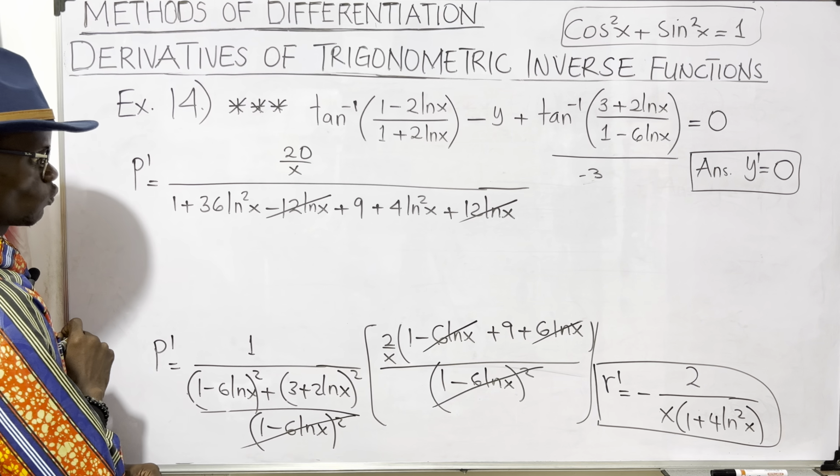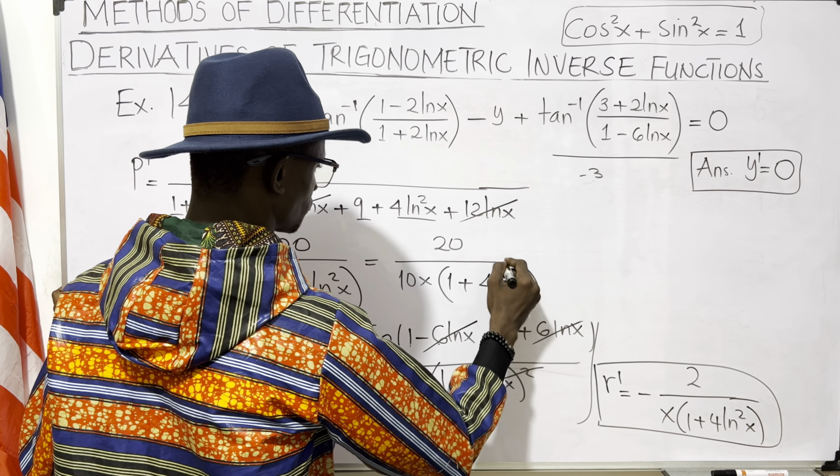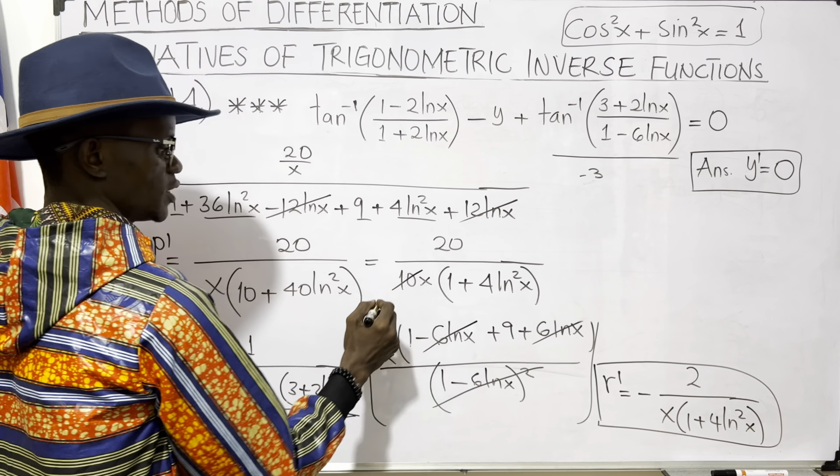So it's 20 all over 10 comes outside, so this will just be 1. 10 goes into 40, it gives 4 ln of x all squared. So 10 here, that 0 can just go out. So what are we left with? P prime is just equal to 2 all over x times (1 plus 4 ln squared of x).